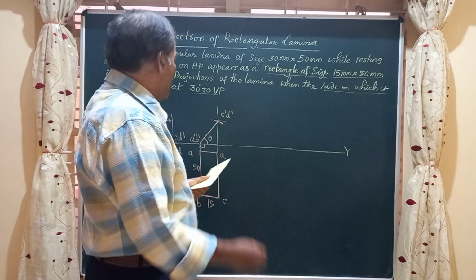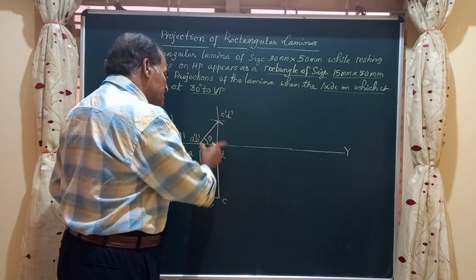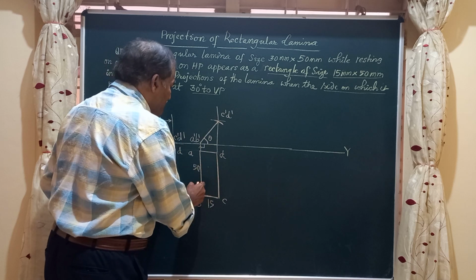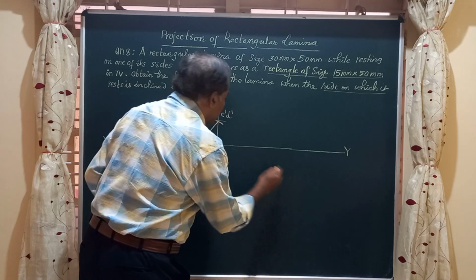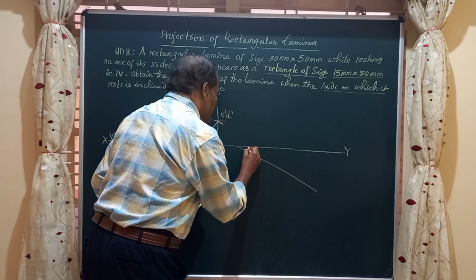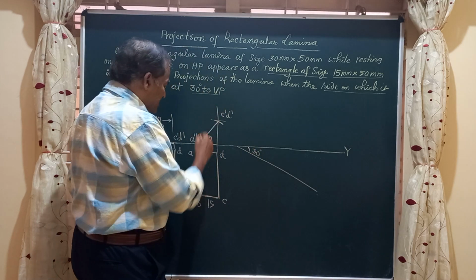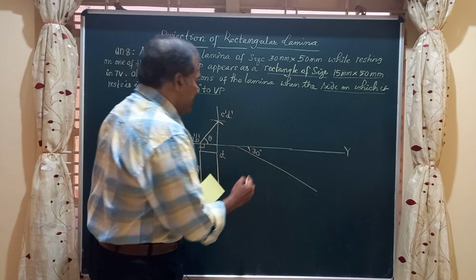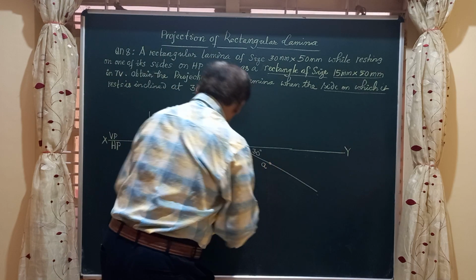Hence friends, I am going to redraw this top view to the same dimension, but the edge AB, the longer edge, should lie on a line inclined at an angle of 30 degrees to VP. So I will mark a 30 degree angle here, a line here, and on this I am going to mark this ABCD. So I will take anywhere on this point A and B.